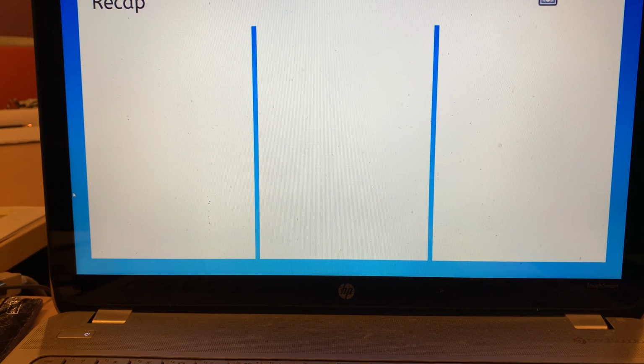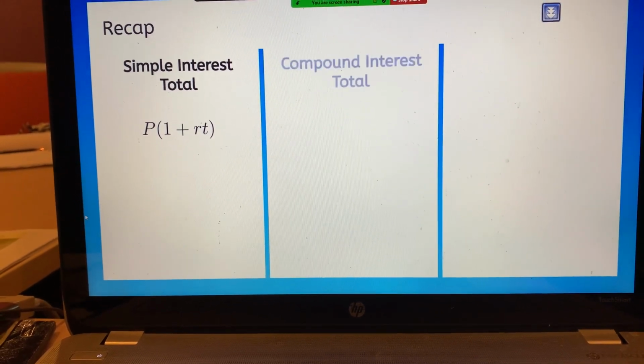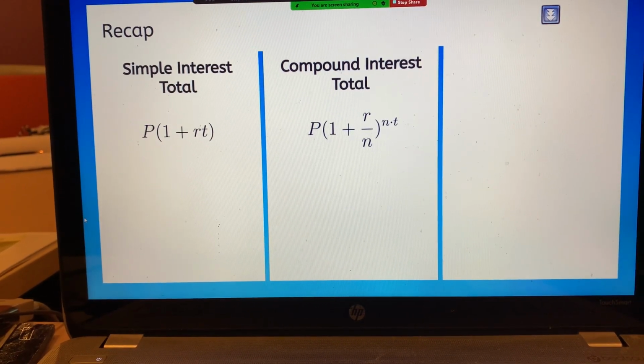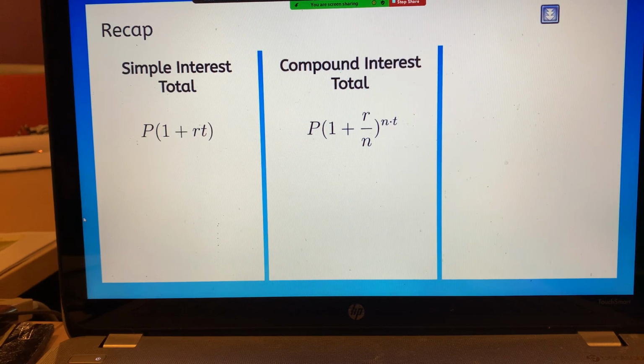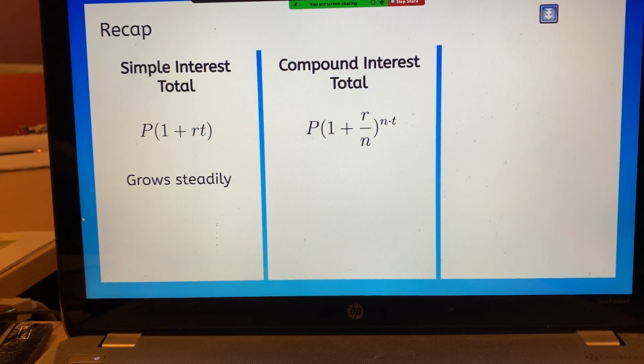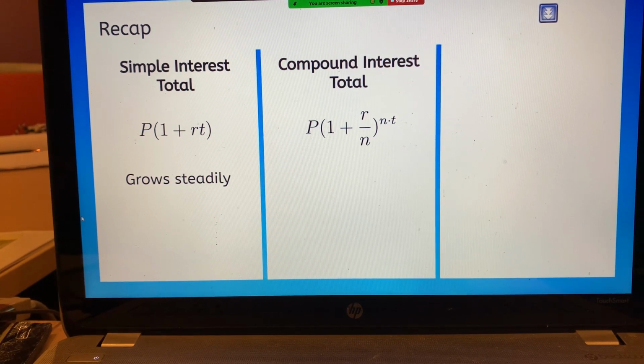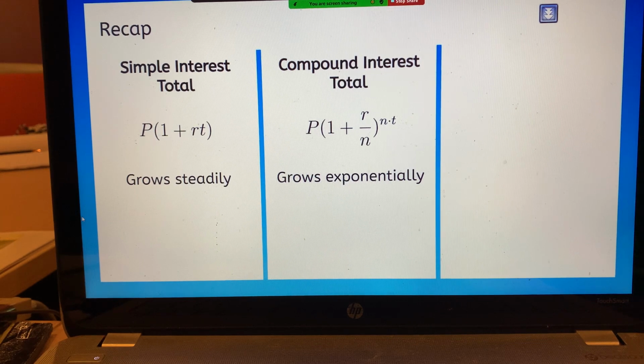For a quick recap, simple interest is calculated using a simple formula. Compound interest uses a less simple formula with an extra variable for how often it compounds per year. Simple interest is designed to grow at a steady rate for its term, while compound interest grows exponentially over time.